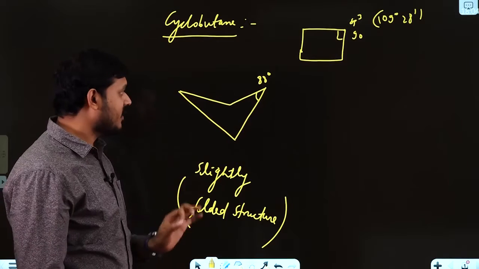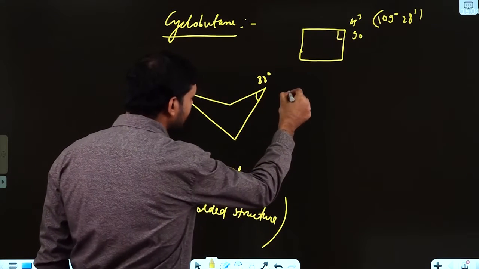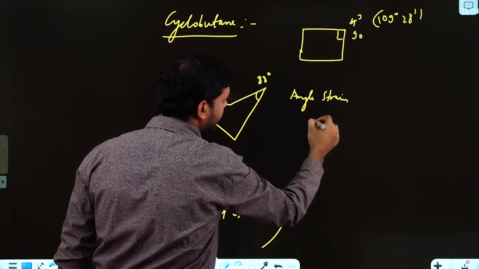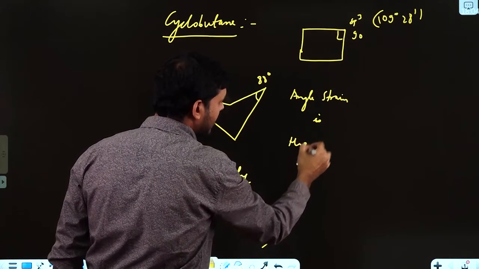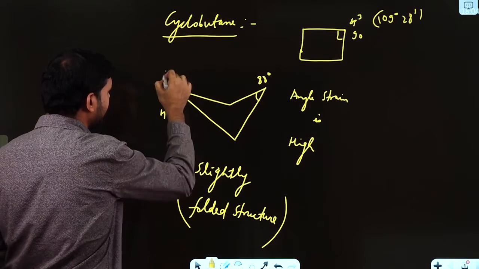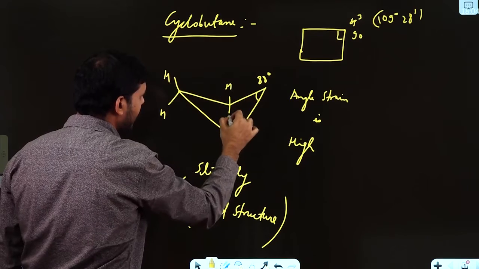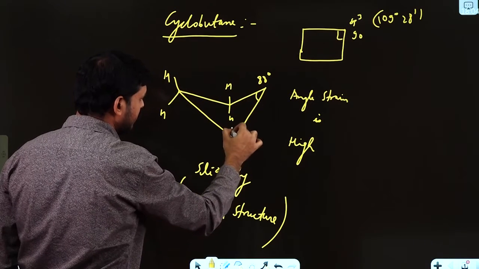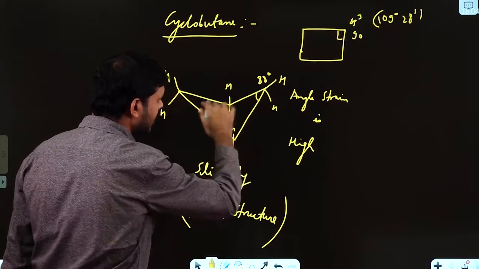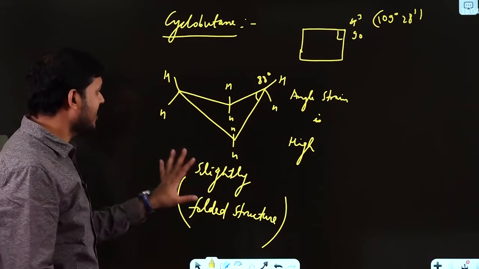Okay, so first and foremost thing is angle strain is high, right? Now if I talk about hydrogen atoms, you can see HH. In 3 dimension you won't find this type. Okay, HH. Now this is the structure of cyclobutane.